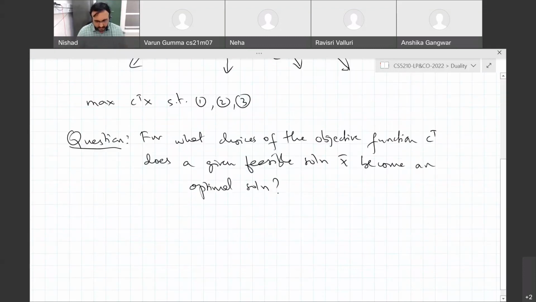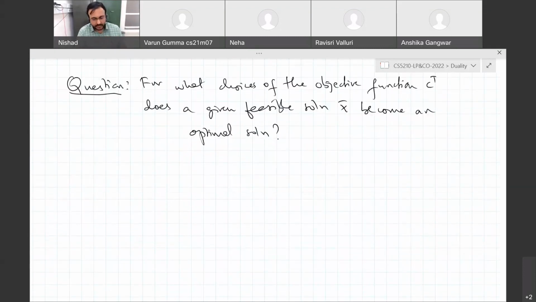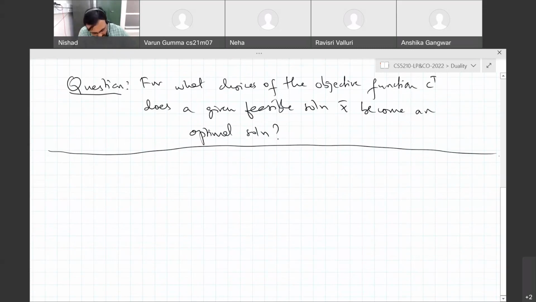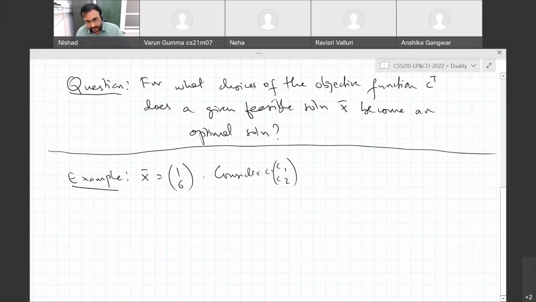All right. So let's see how we can proceed to answer this. So let's consider one example. So I'm going to choose x bar as 1, 6 for the sake of discussion. And let's consider C1, C2 as our objective function vector.